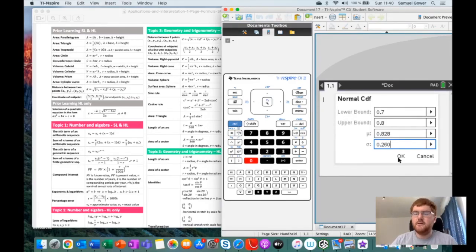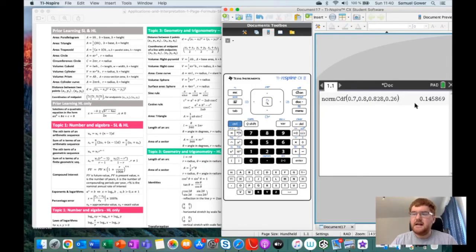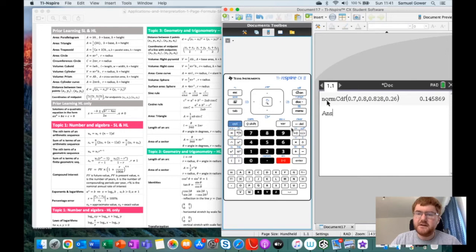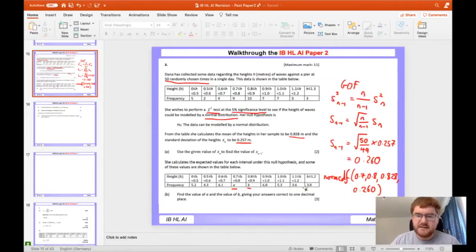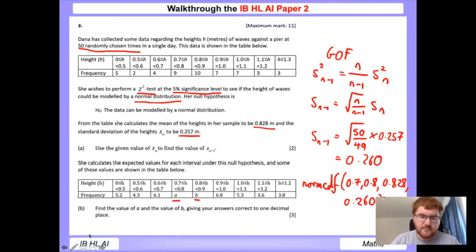We type that in, we generate our probability, and then once we have our probability, we're going to take that answer and times it by the total number of observations, which is 50. That will then give us the answer of 7.293. So I'm going to write down 7.29. That's the three significant figures. So A is equal to 7.29.